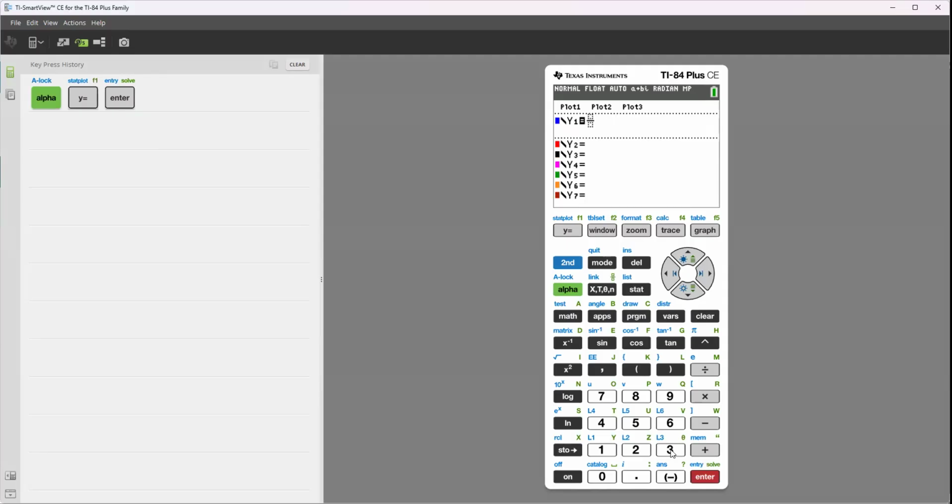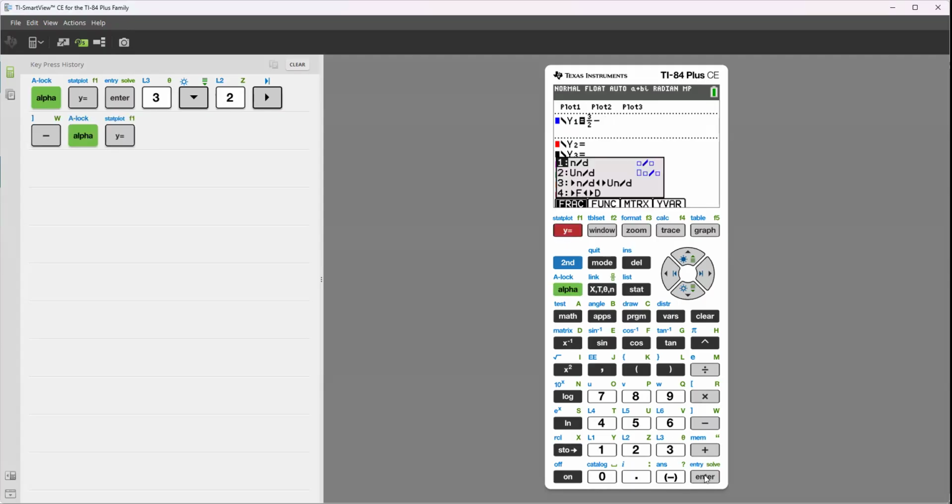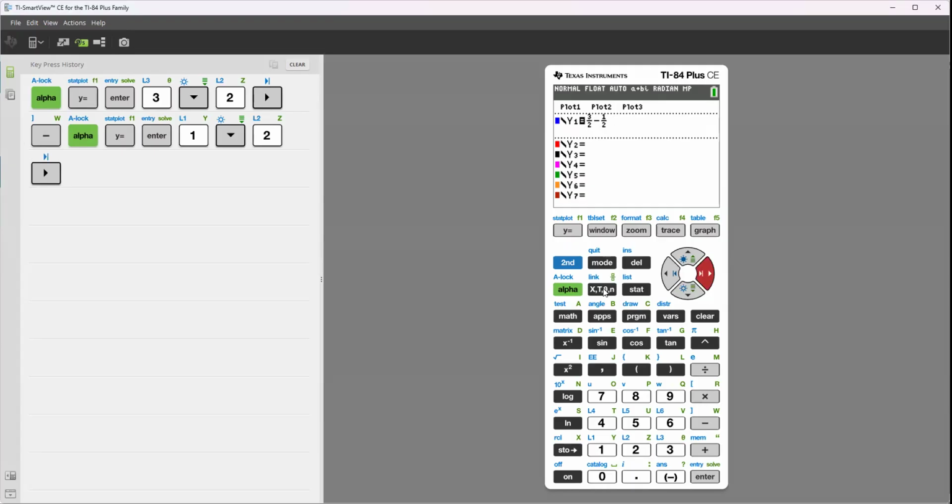That was 3 halves, so 3 on top, 2 on bottom, arrow right. Then it was minus 1/2. I'll do alpha, y equals, enter for more fractions. That'll be a 1 on top, 2 on bottom, arrow right, and then hit the X.